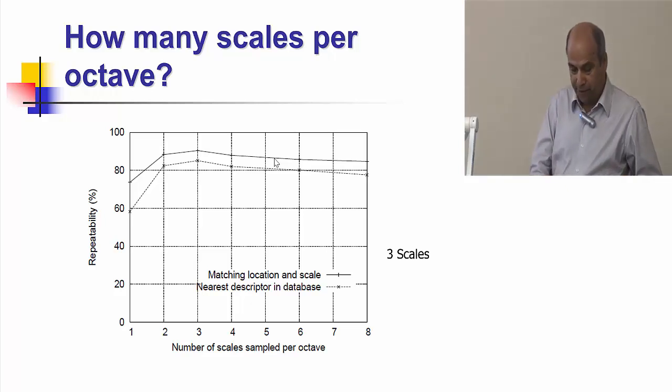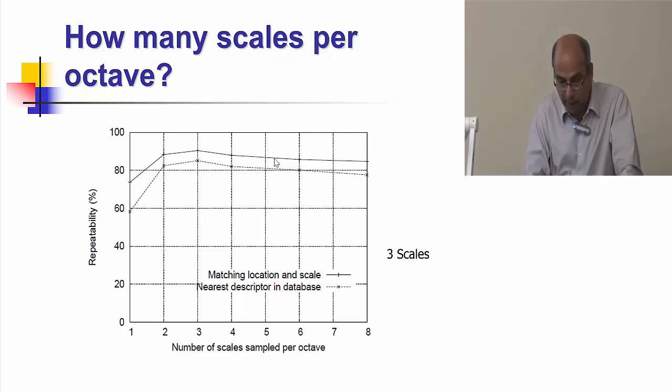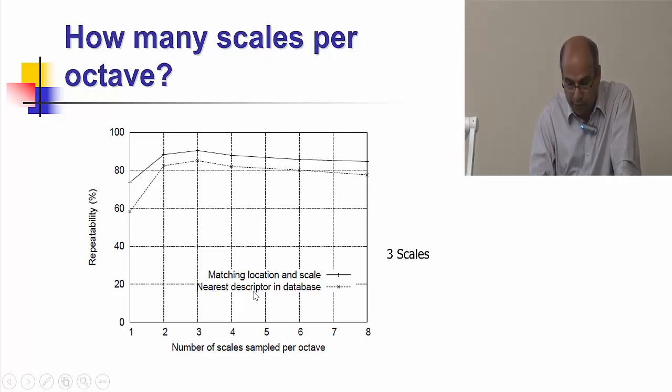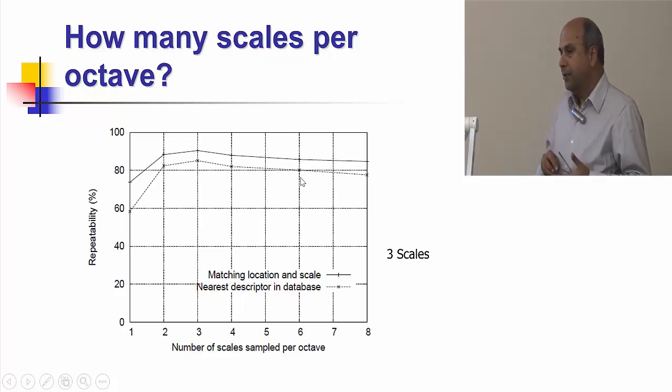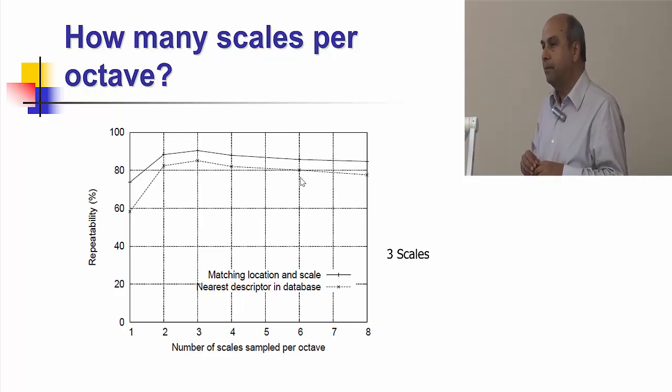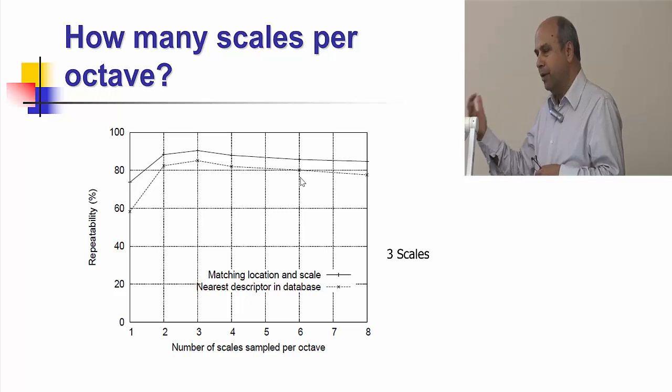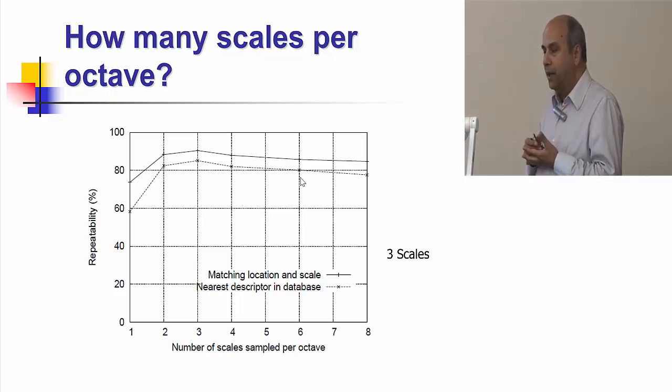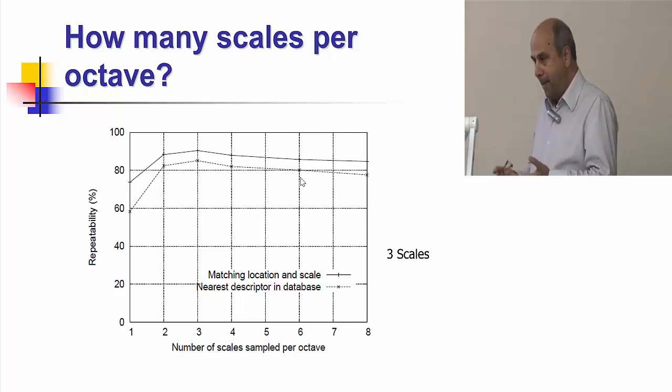That was another curve, shown here as the second curve, and it also confirms that 3 scales is a good optimal choice. If you use less than that, the repeatability is not that good. If you use more, it doesn't make much difference. So the number of scales was determined empirically, by doing the experiments.